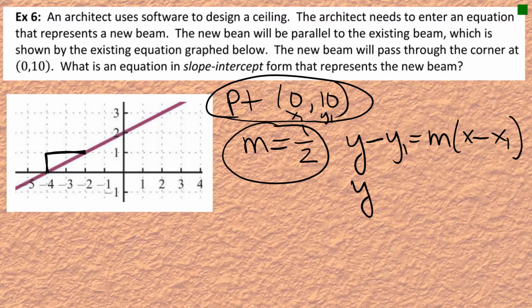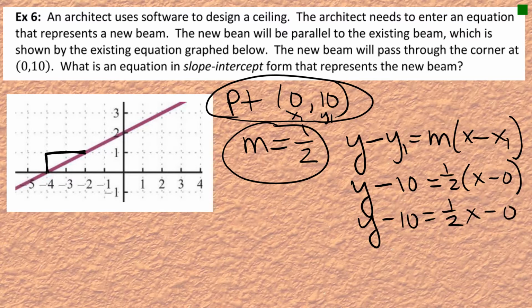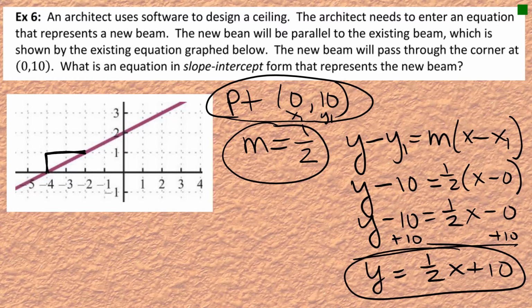So we have y minus 10 equals 1/2 times (x minus 0). I'm going to distribute my 1/2, but it doesn't matter because it's a 0. Then when I add 10 to both sides, I'm going to be finished. There we go. There's my equation, y equals 1/2 x plus 10.